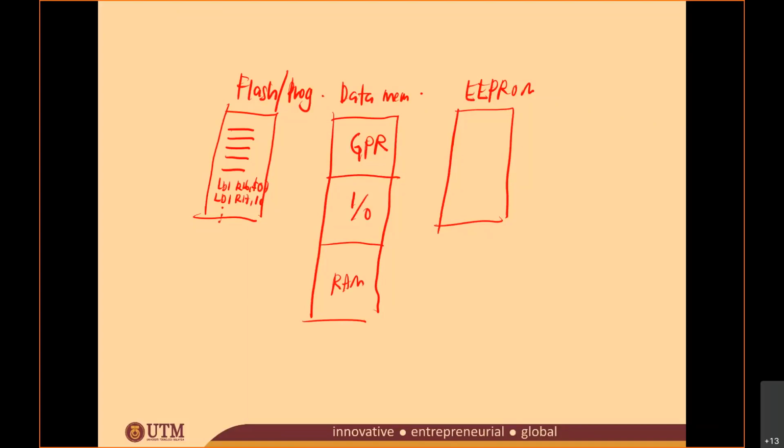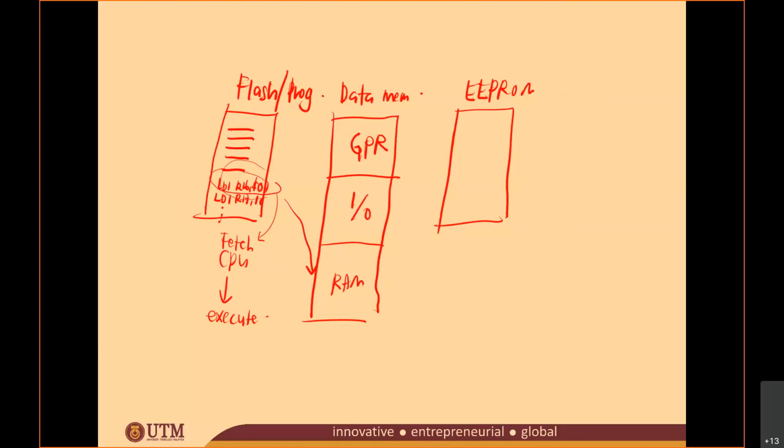Okay, so what happened here, after you take this instruction here, CPU fetch instruction, and then after that you execute, whatever value from this execution will be stored to the data memory.